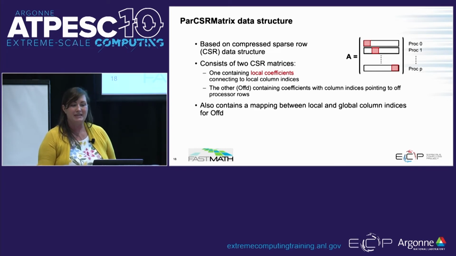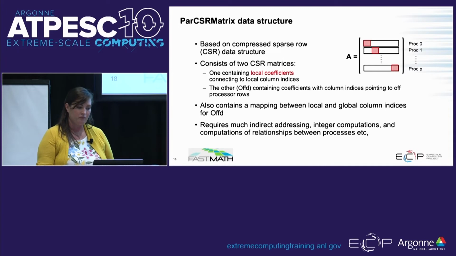Then we also need to keep track of the mapping between the local and global column indices for the second, off-diagonal CSR matrix. With this data structure, there is a lot of indirect addressing and computation of relationships between processors. So it's less effective than our structured interface, but we can't always have structure in our problems, so we do the best that we can.